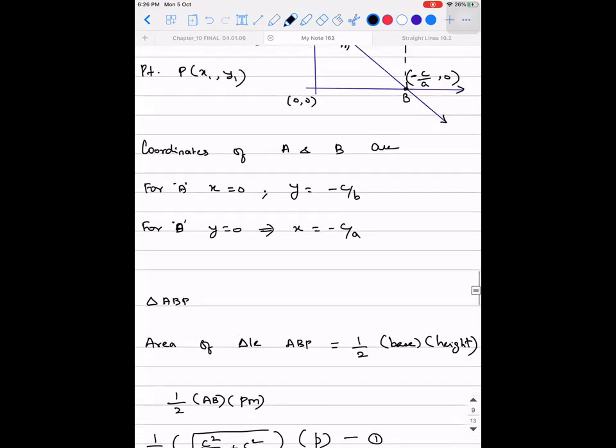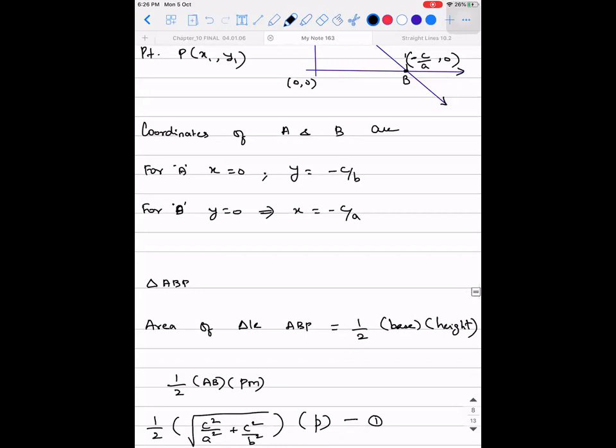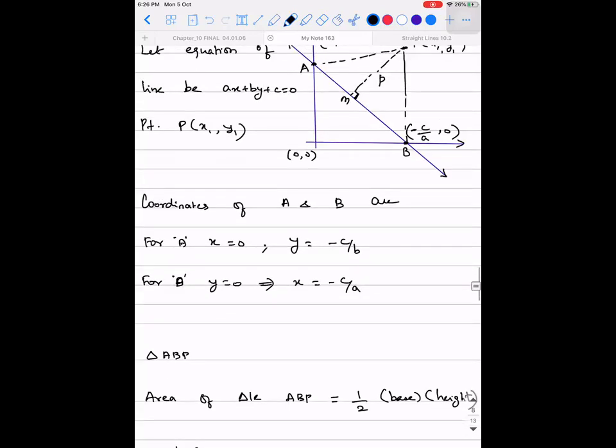Tell me one thing, am I clear till this step? Yes, sir. Okay, copy it till this step, write it down. Everybody, write it down.